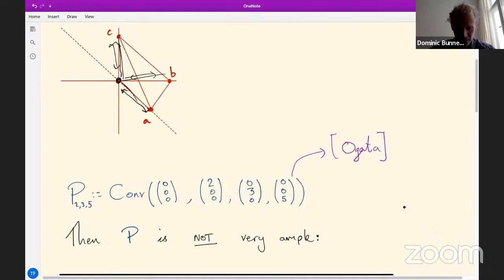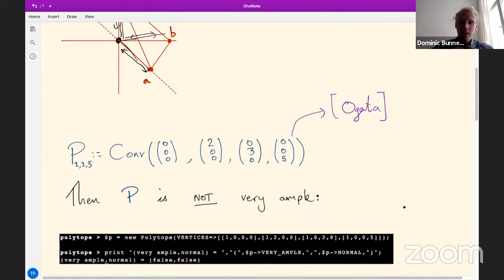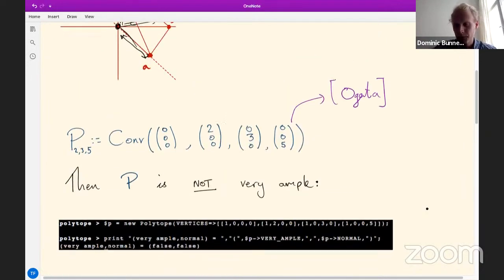So this is quite a special example. You can check this by hand, using an alternative definition of very ampleness which I haven't given, one which lends itself to checking by hand. But I would recommend using a computer, because it's honestly quicker to learn how to use Polymake and type it in.